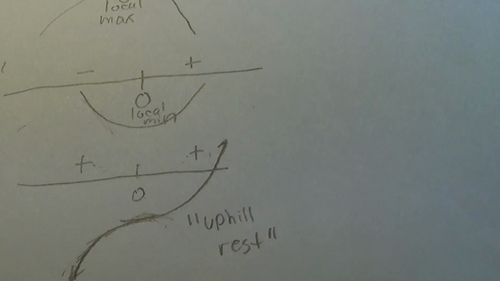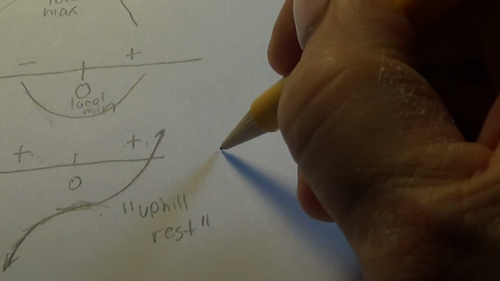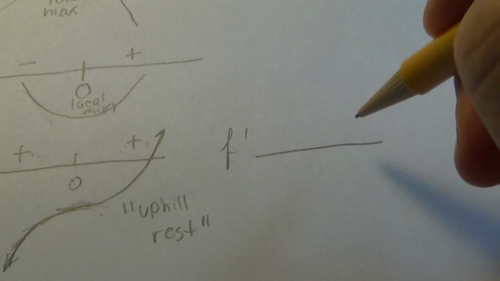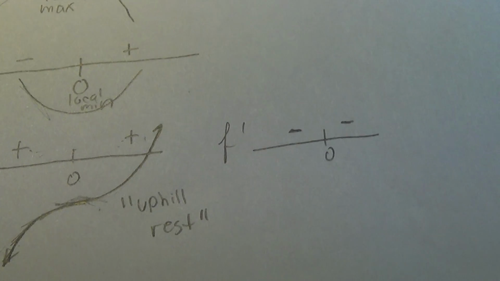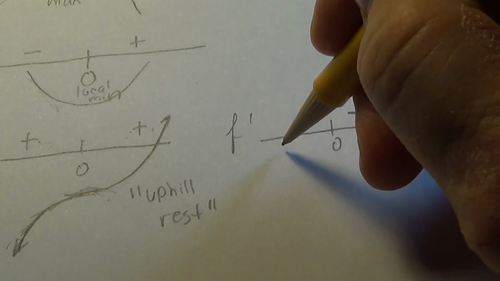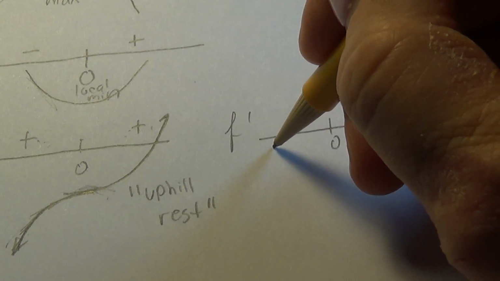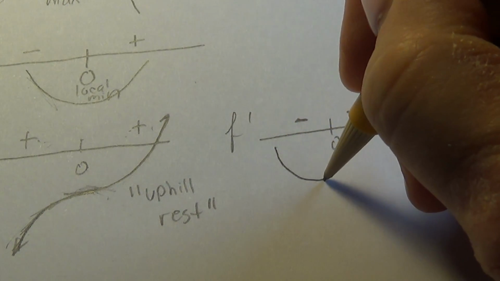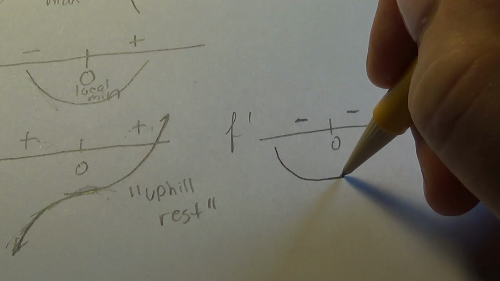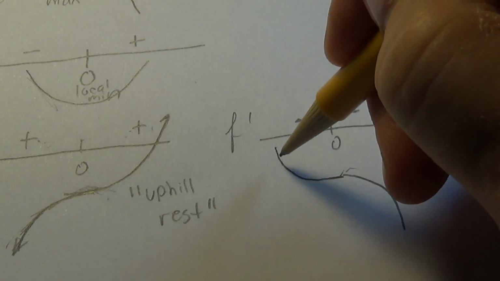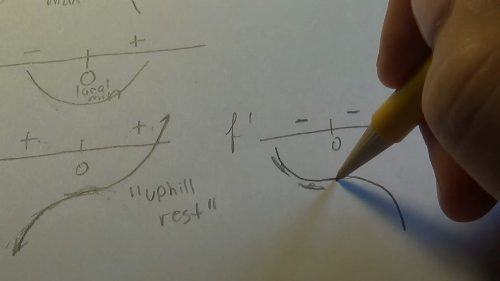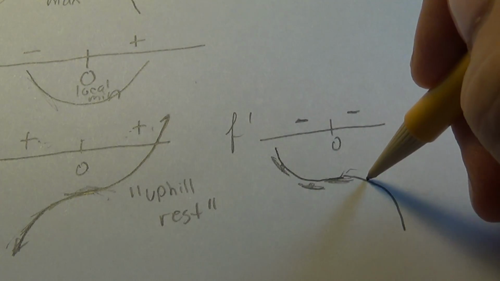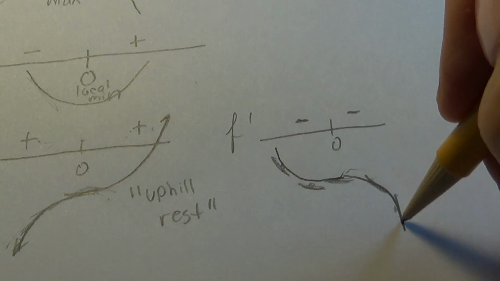So probably won't surprise you that if the first derivative is 0 at a point, but we get negative to the left and negative to the right, we have a situation where we're sloping this way, 0, and then continue sloping negative. So notice all the tangent lines along here, except right here where it's 0, are still negative slopes.